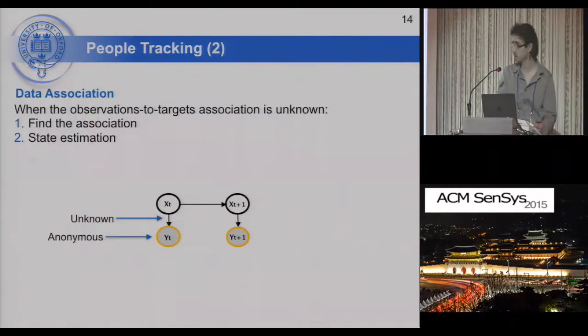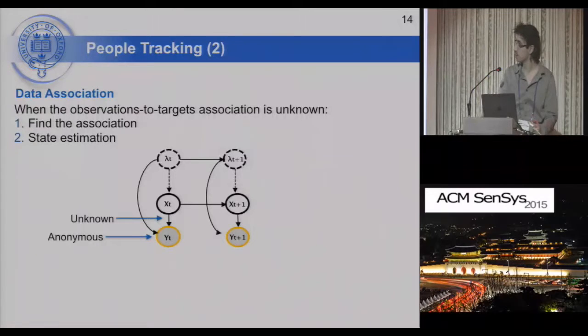They don't carry ID. Ideally, we want to model the association of measurement to targets as a variable in our system. And if we consider this, the graphical model becomes like that. So lambda t now is the association indicator and needs to be estimated prior to the state estimation.